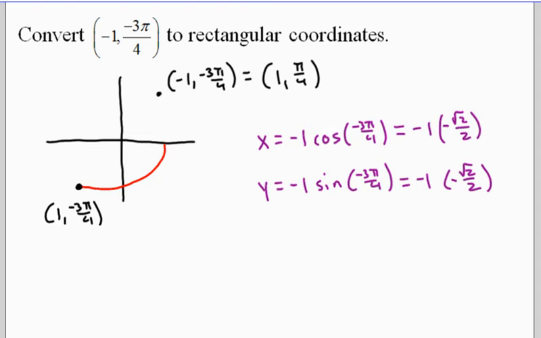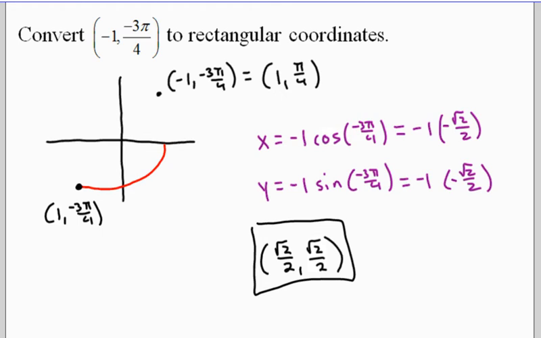So we turn out getting for our x positive square root of 2 over 2, and our y is also positive square root of 2 over 2. Okay. And you guys, you think this should be negative, but remember this got flipped over here, so it's positive. So there's our point. Okay. This would be the same as doing 1 times the cosine of pi over 4 and 1 times the sine of pi over 4.